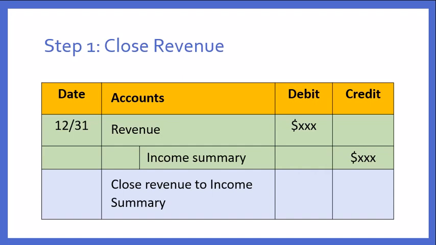You're going to debit that account, and that is exactly what we are doing here. We are going to debit revenue for whatever balance it currently has as a credit. We're going to post a debit, and that zeroes it out. And then the offsetting credit goes to the income summary. So this entry effectively moves revenue into income summary.